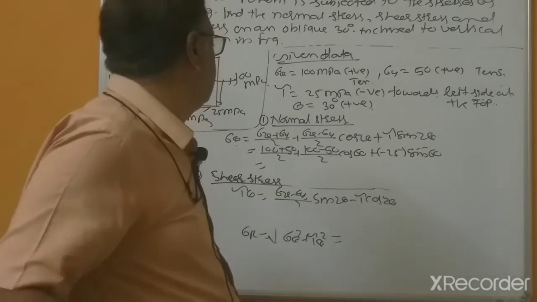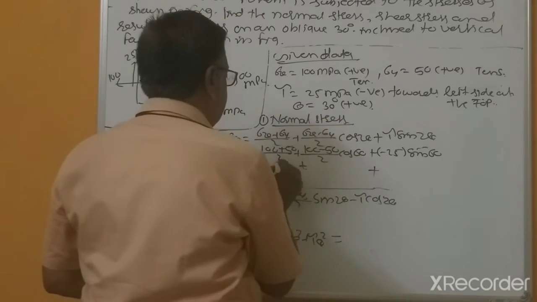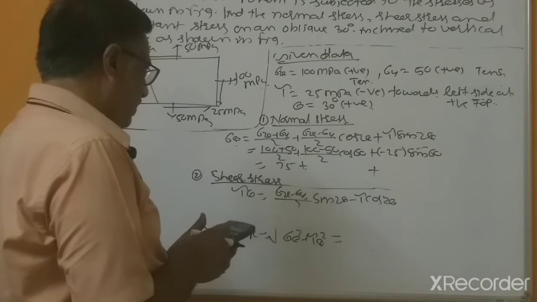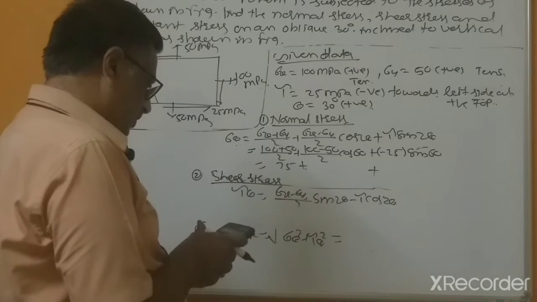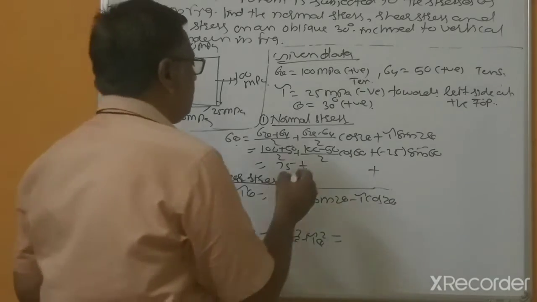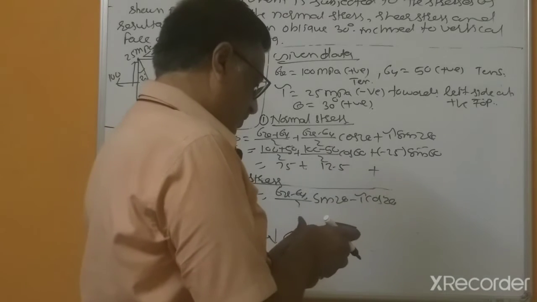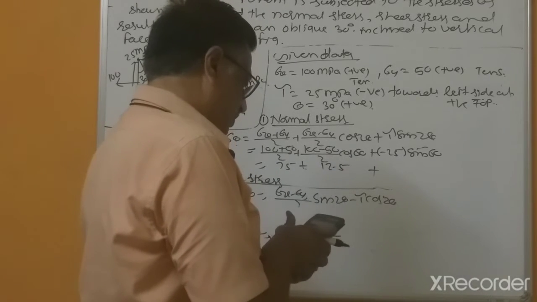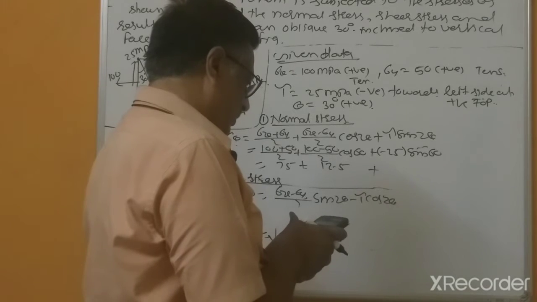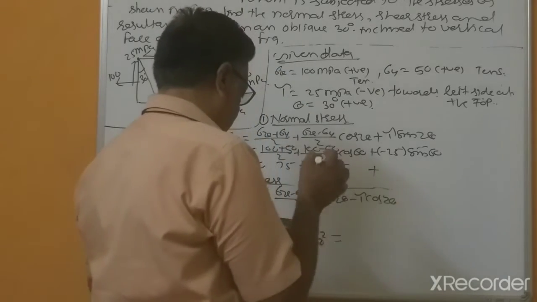So we will add all terms. This is 75, and this is cos 60 multiplied by 25, which is 12.5, and that is sin 60 multiplied by 25, which is 21.65.